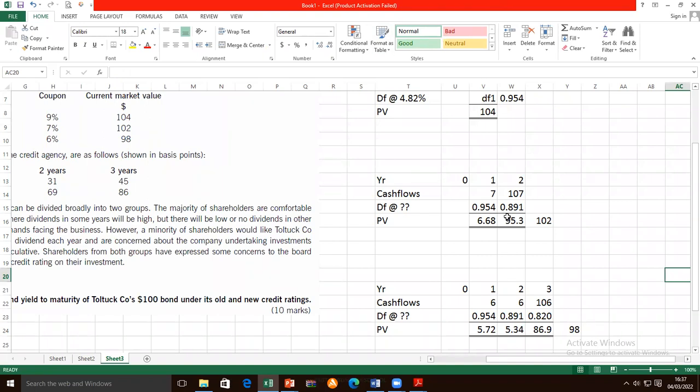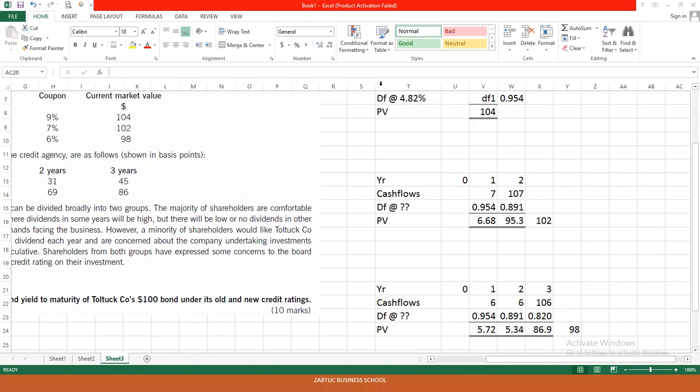So let's come here now. You've got some equations to solve. 1 over 1 plus r to the power 2 gives us 0.891.